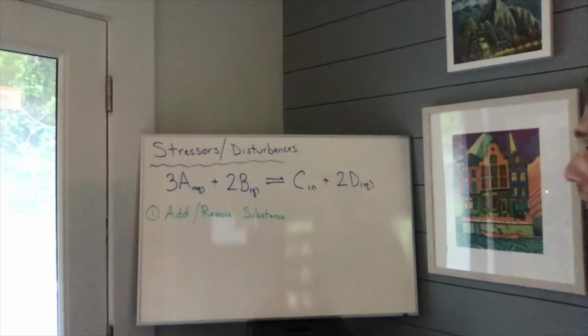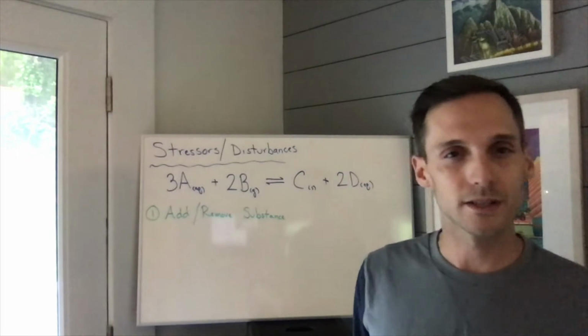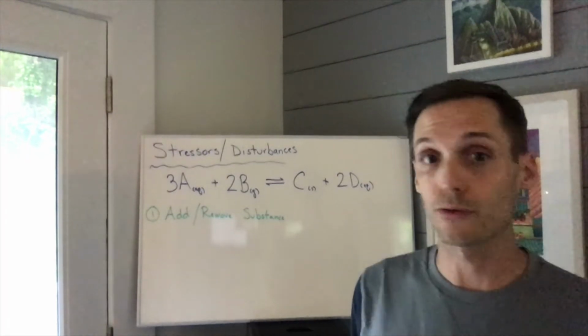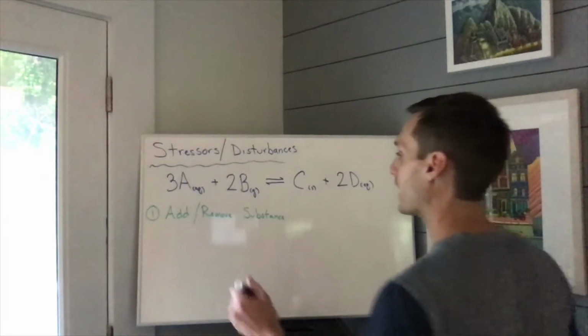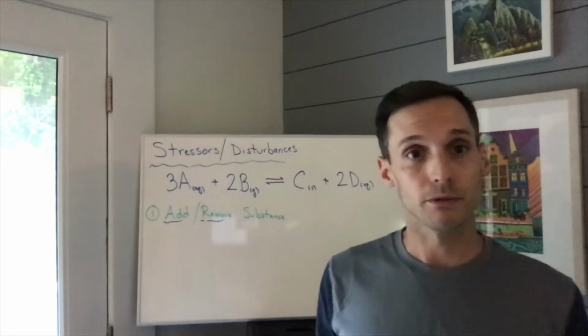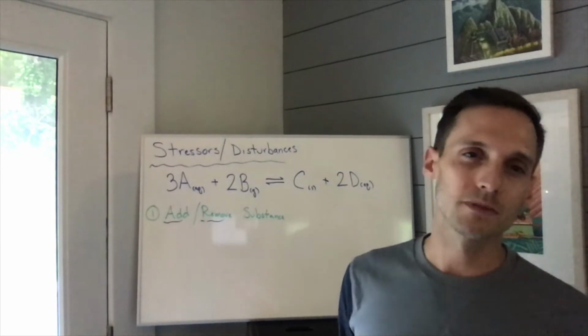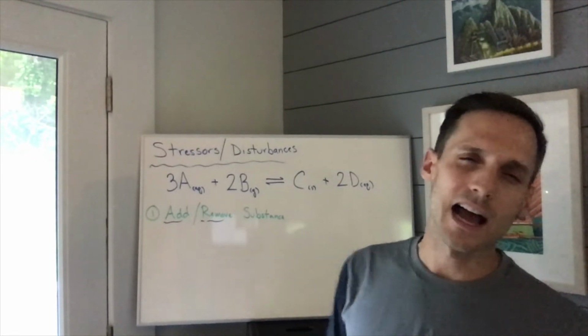And what we're going to do first is maybe the easiest disturbance or stressor that you can do to a reaction to throw it out of equilibrium, and that is to either add or remove substances from the reaction. Now, why would adding or removing a substance throw a reaction out of equilibrium?